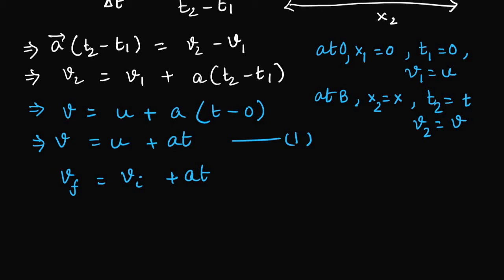This is another version of the same equation; in some curriculums they refer to it as final and initial velocity. If you know the time and the final and initial velocities, you can find a, which is basically Vf minus Vi divided by t.